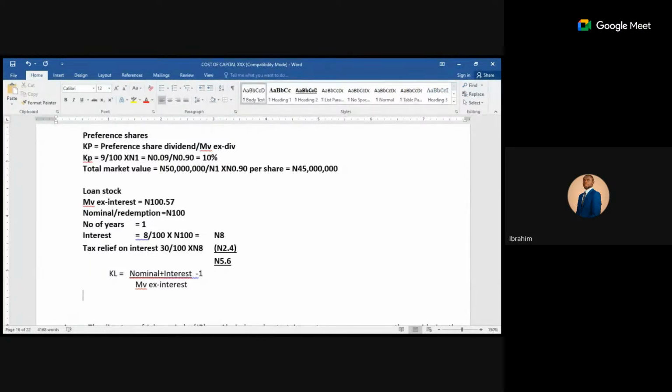Now, quickly, if it is 2 years or 3 years, you have to use internal rate of return, right? But let's say we can't use internal rate of return because it's just for a year. But let's quickly do something. Years, items, cash flow, DCF, then PV.